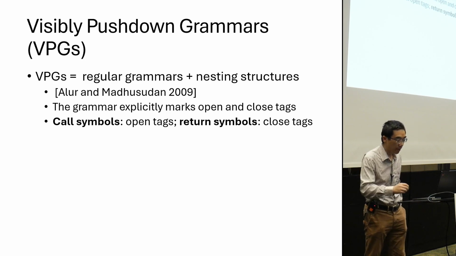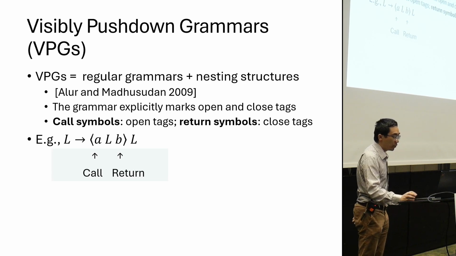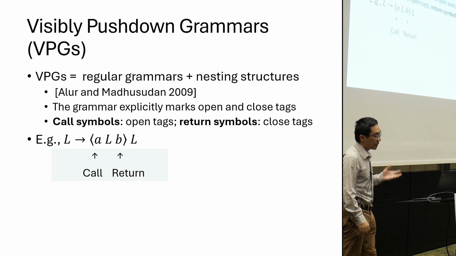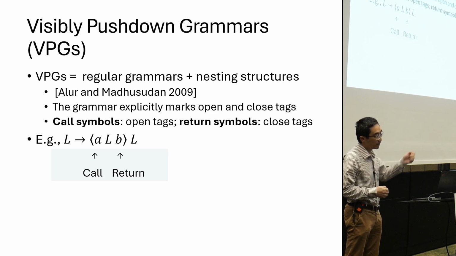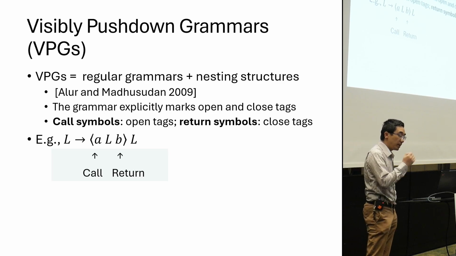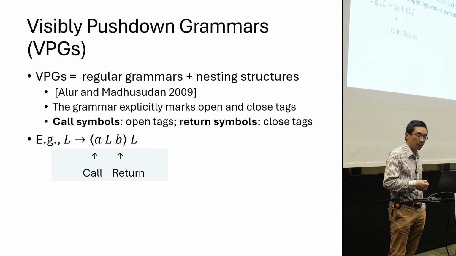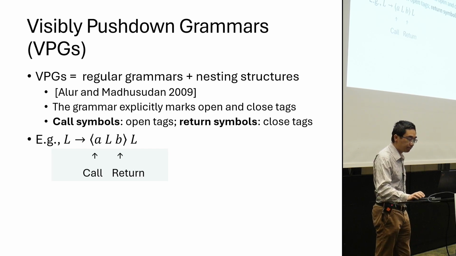That's the language I'm going to use. Here's an example VPG rule. In this example rule, A is a call symbol, and the rule explicitly tells you it's a call symbol by marking it with a left angle bracket. And B is a return symbol, marked with a right angle bracket.